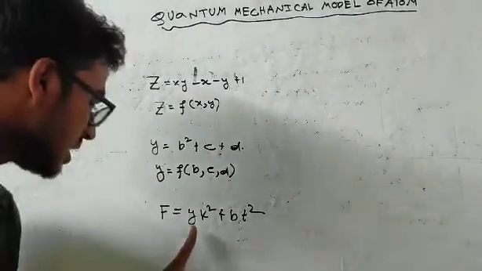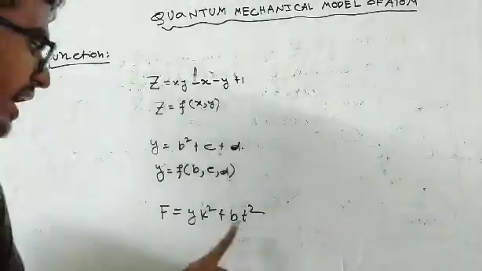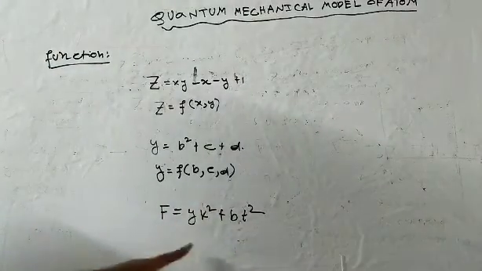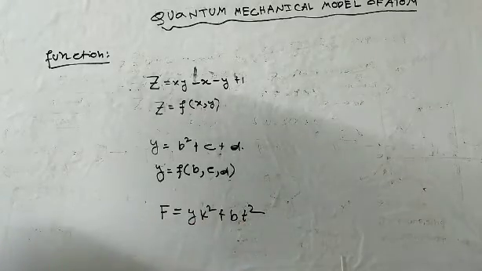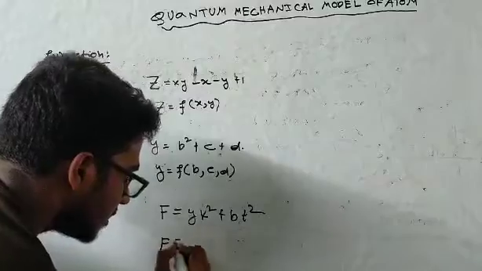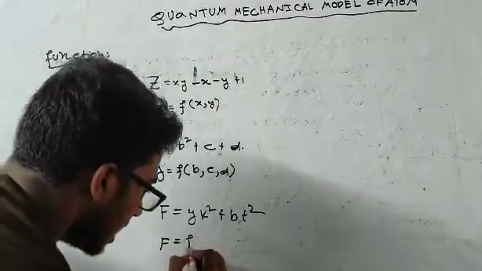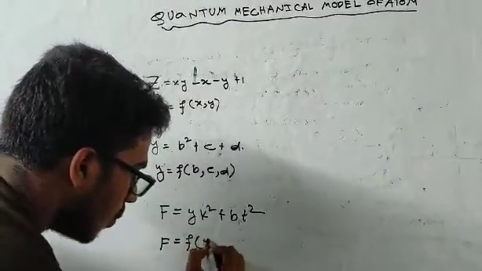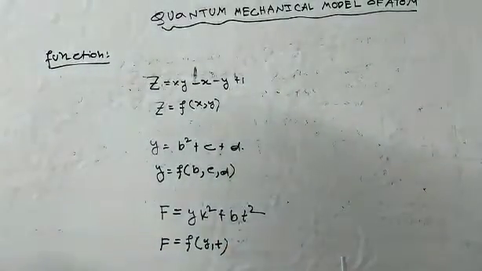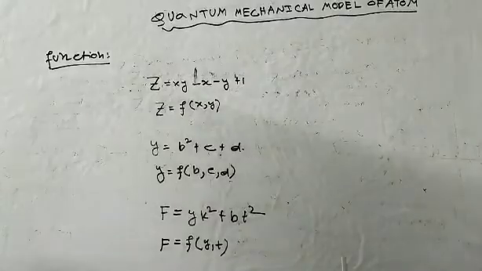So in this equation y and t are variables. So if I want to write this equation in the functional form, I will write f is a function of y and t.